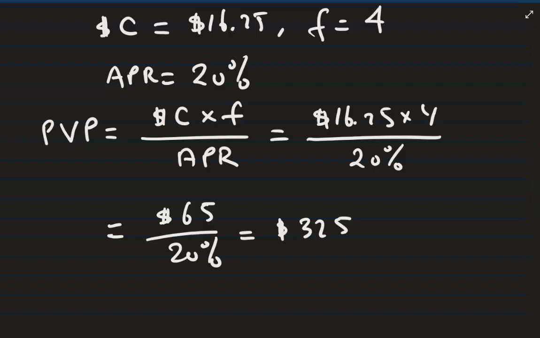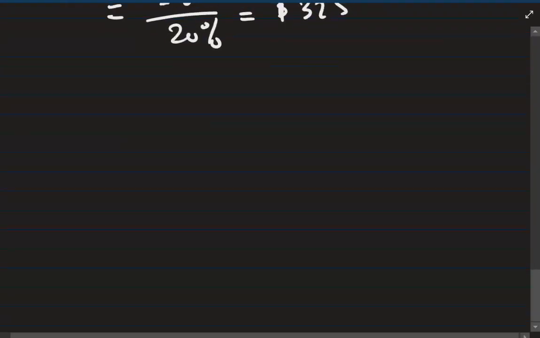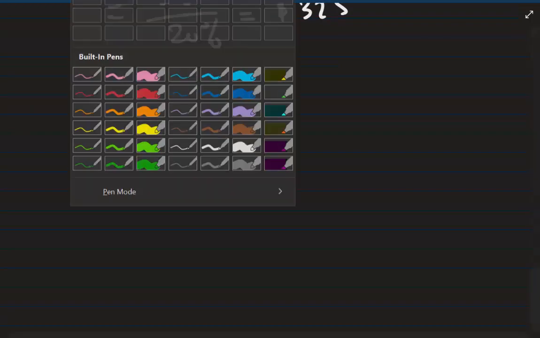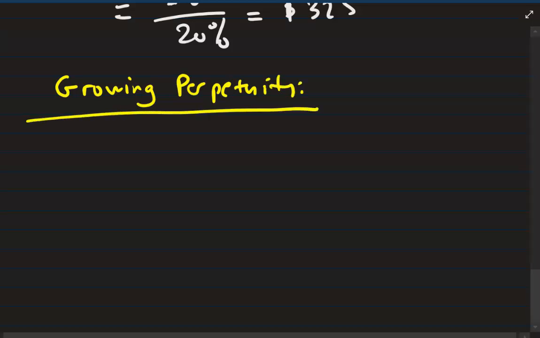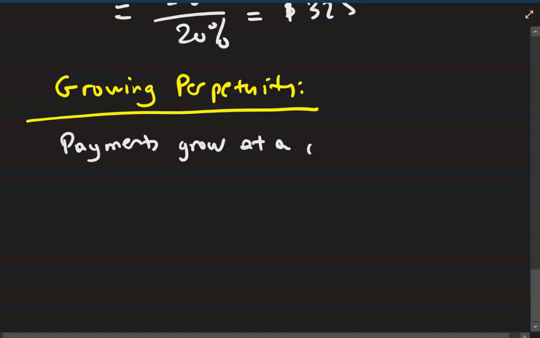Now, even though you are not likely to see it much, there is another kind of perpetuity. This is kind of an extension. This is called a growing perpetuity. A growing perpetuity is a perpetuity, except payments grow at a constant rate every period.